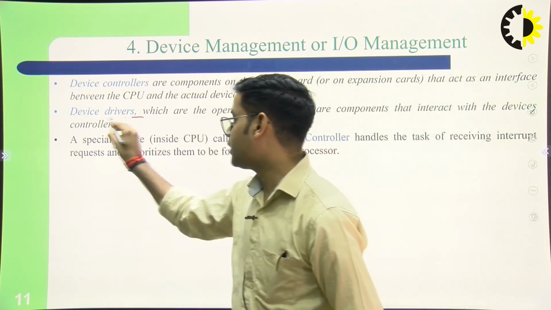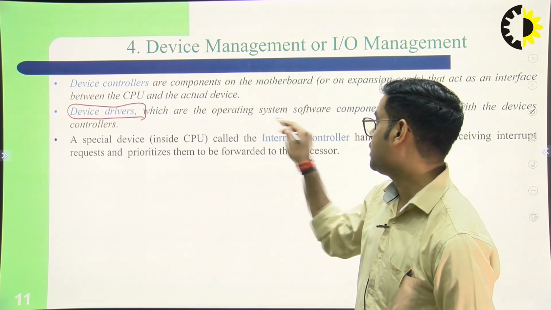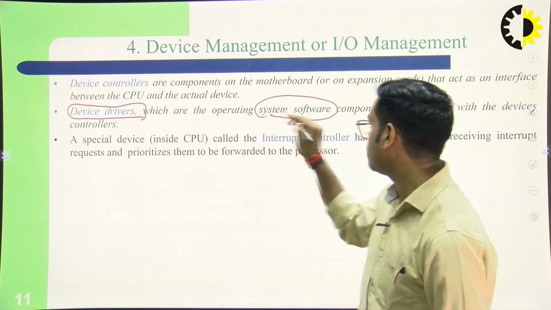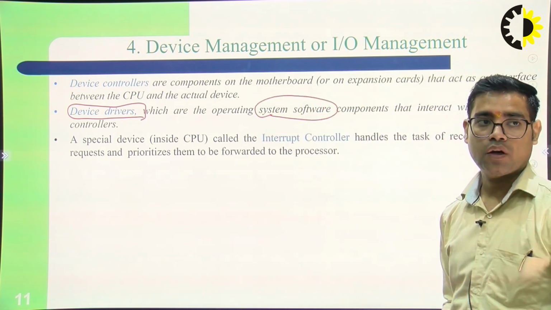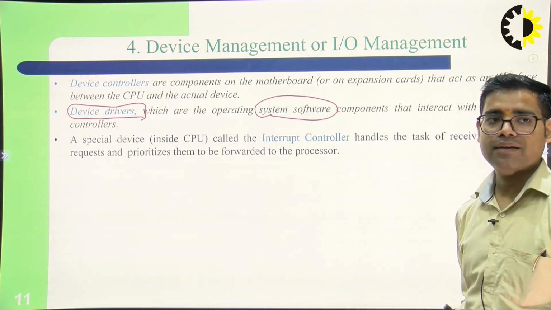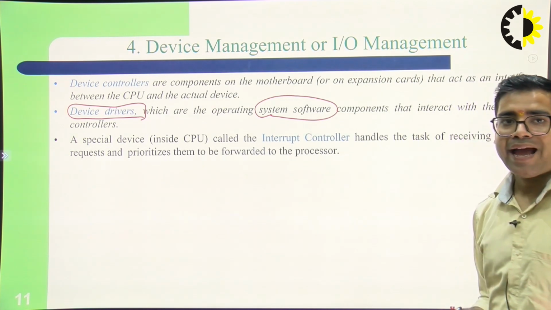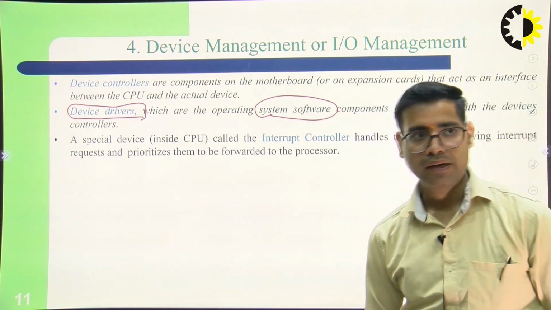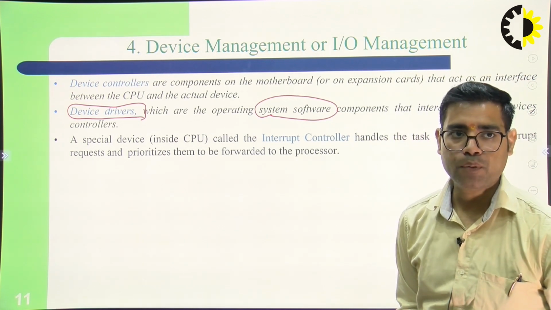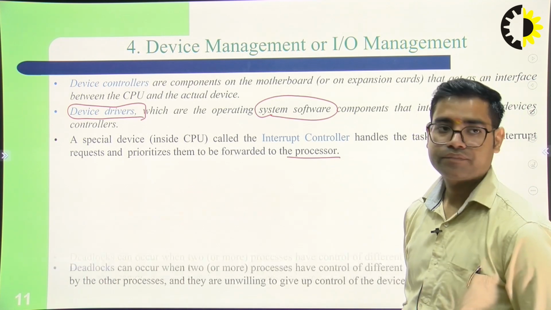Here drivers are system software, a component that interacts with the controller. A special device called an interrupt controller handles the task of receiving interrupts, requests and prioritizing them to be forwarded to the processor.